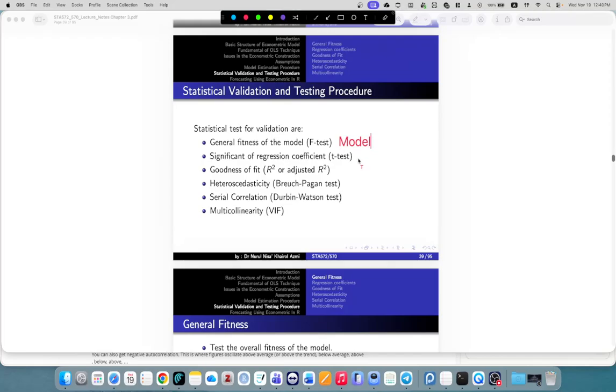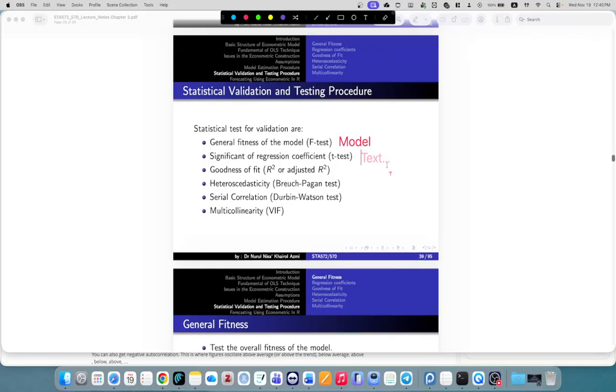And the same for the t-test: after we get the significant value for the F-test for the general model, we will zoom in on each of the variables that we include, to see whether the independent variables are significant or not.